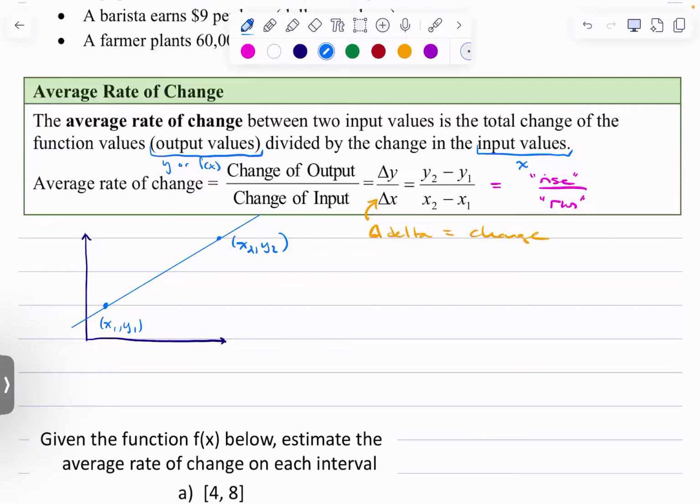The average rate of change, if we had to find the rise over run, well, this little guy here maps down to x1 and y1. And the second point maps down to x2 and y2.